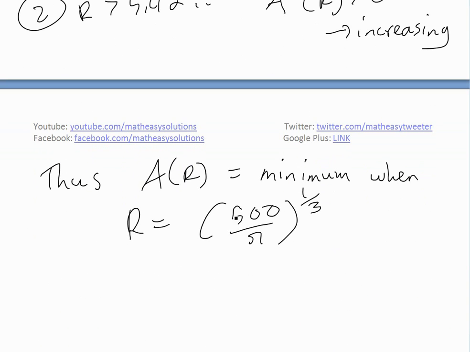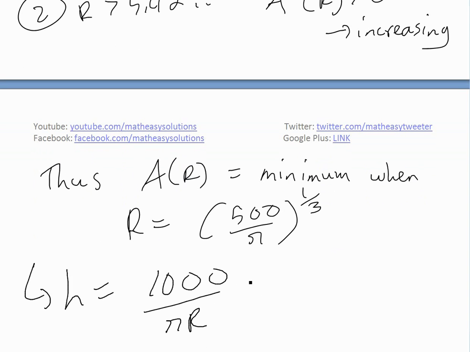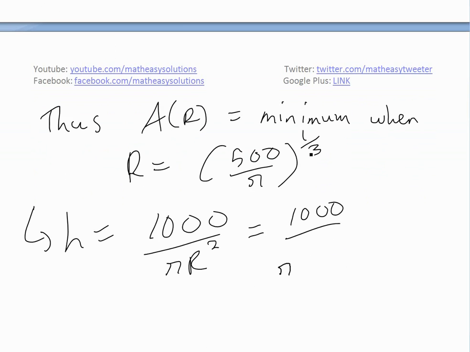And thus, A is minimum when the radius is equal to (500 divided by pi) to the power of 1 over 3. So this is our dimension, and then solving for h, we know h is just equal to 1000 over pi r squared. In this case, we're just going to get 1000 divided by pi times (500 divided by pi) to the 2 over 3.